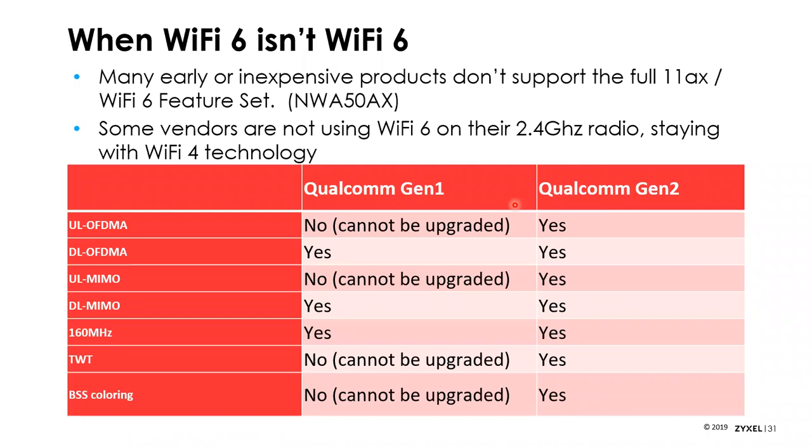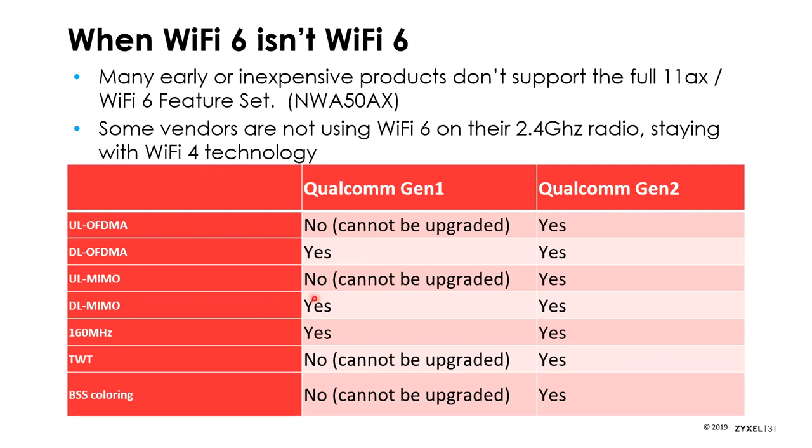So in the case here of Qualcomm, you'll see you do have OFDMA on those Gen 1 products, but only from the AP to the users, not going from the client devices back to the AP. So it means that you can very efficiently send data simultaneously to multiple users, but you can't as efficiently have multiple users send data back to the access point.